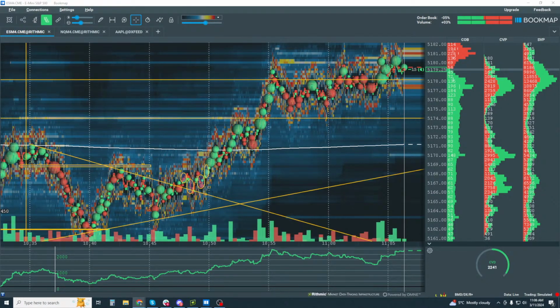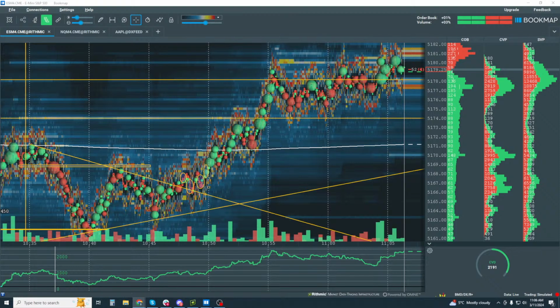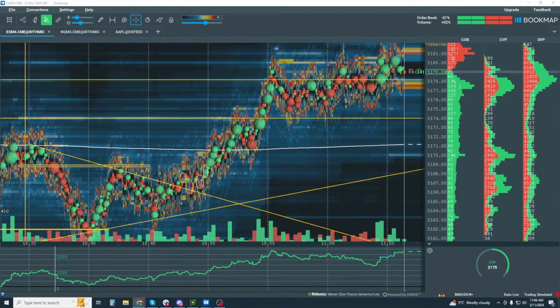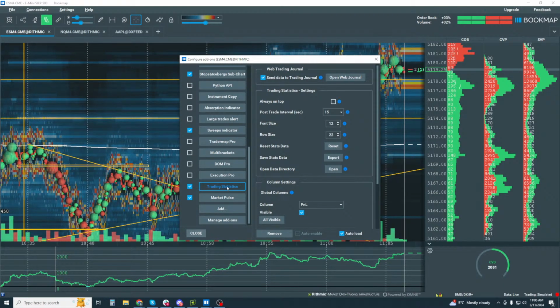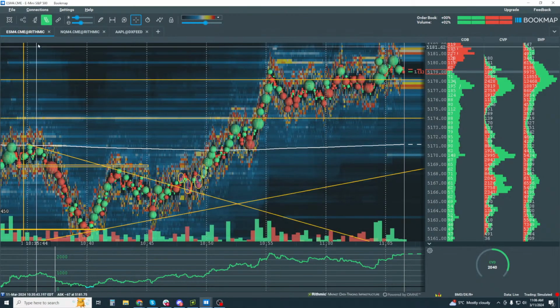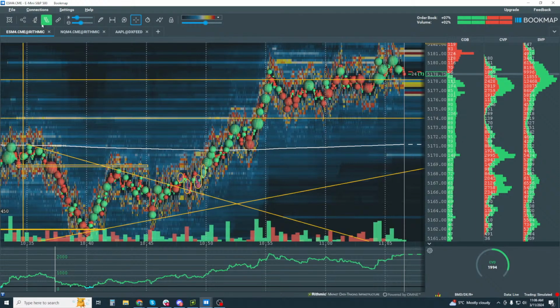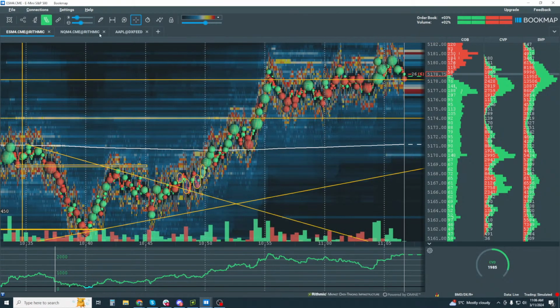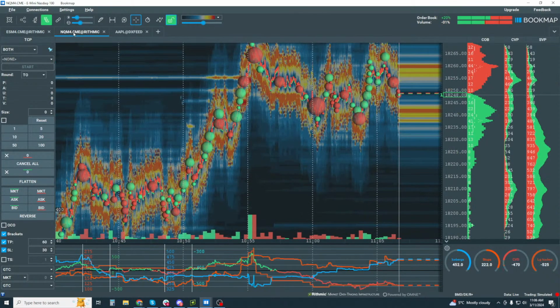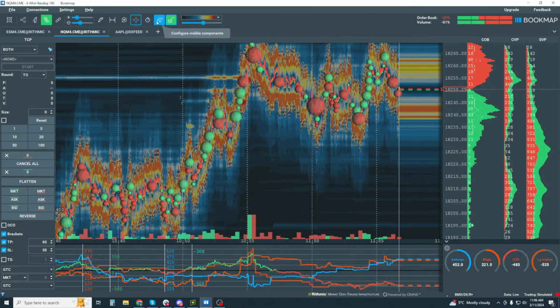Guys, any questions on that trading statistics tool? Let me show you that. Like I said, you need to have that open, and this is important. You need to have it open for each instrument. So if you're going to trade the ES, you need to open it for the ES. Now if you jump over to the NASDAQ, you also have to have it open for the NASDAQ.